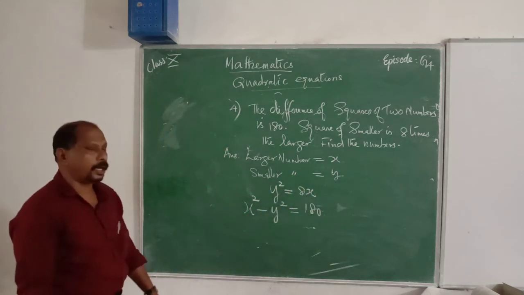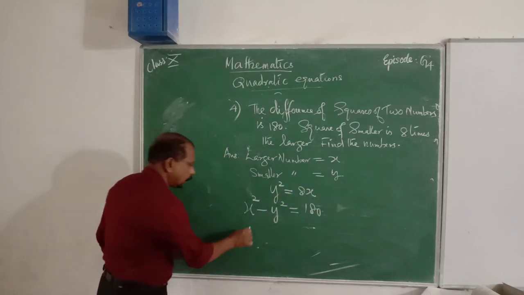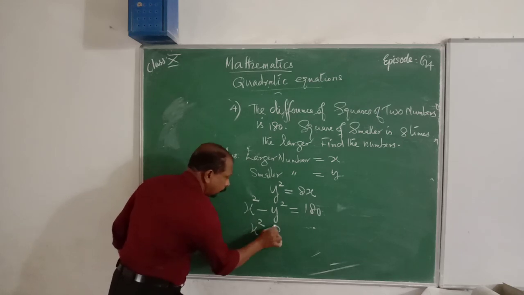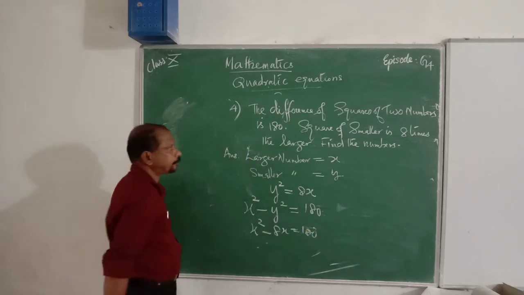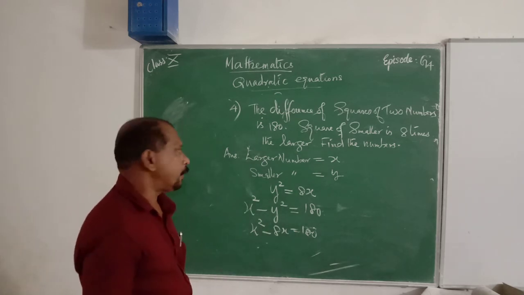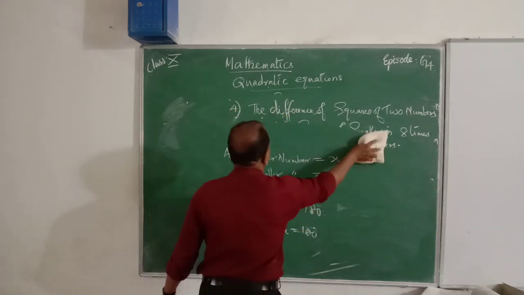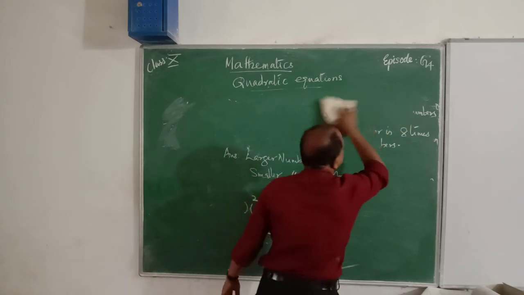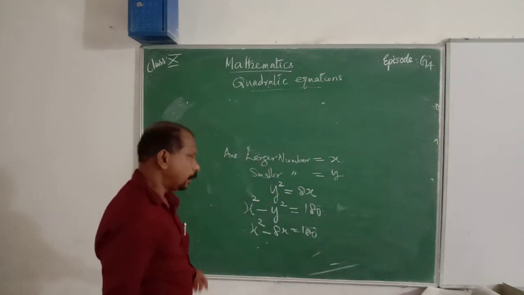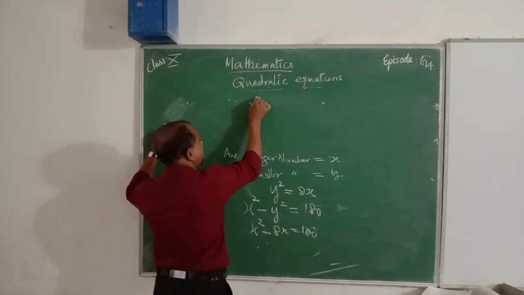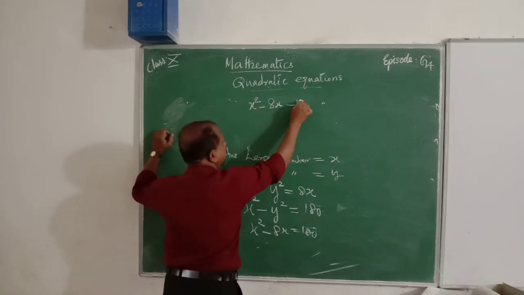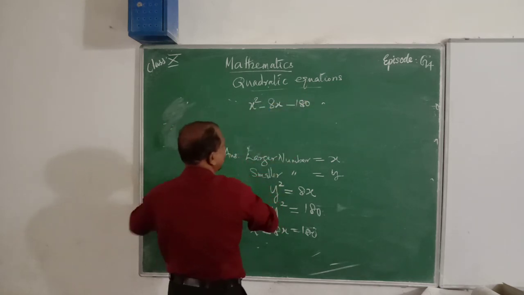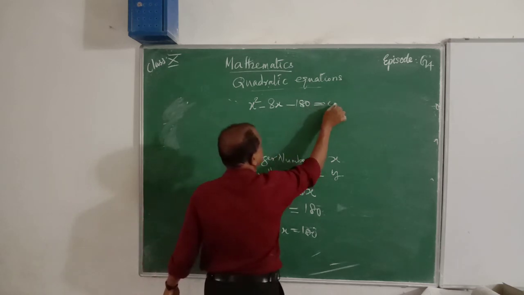Then what is y square? It is 8x. Therefore, x square minus 8x is equal to 180. Then 180 is shifting to the left. That is x square minus 8x minus 180 is equal to 0.